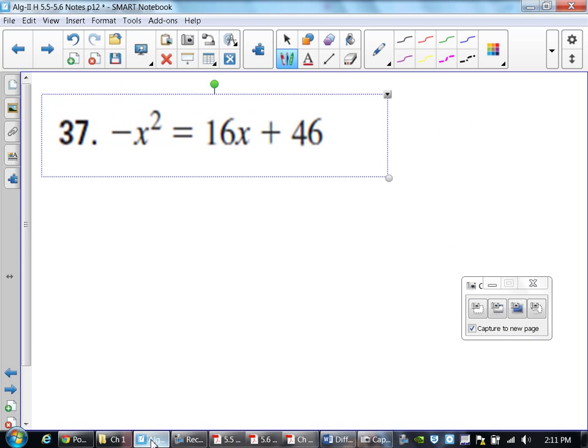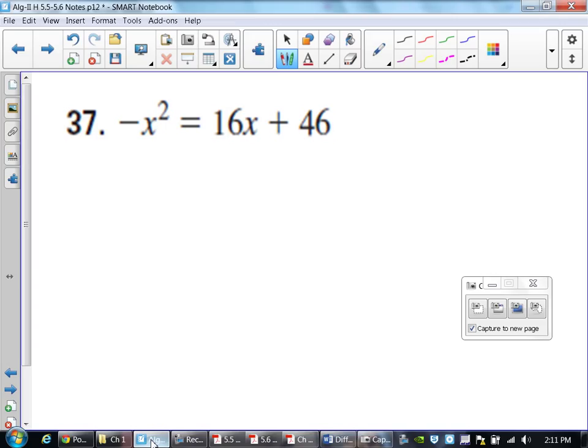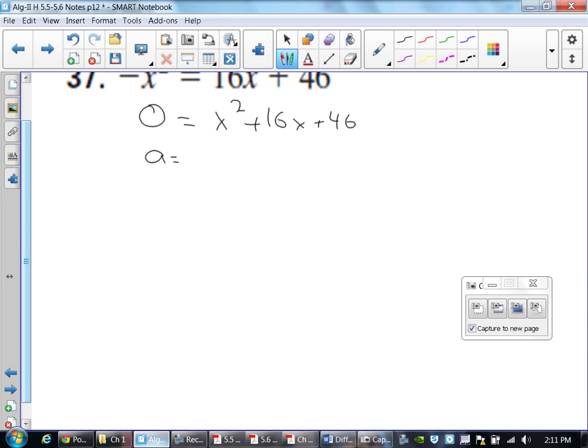All right. It says use the quadratic formula to solve. Well, the first thing I'm going to do is move the negative x squared. 0 is x squared plus 16x plus 46, which means a is 1, b is 16, c is 46.